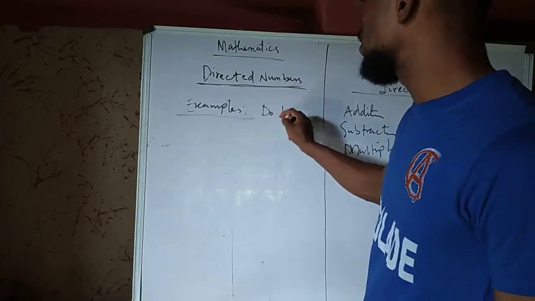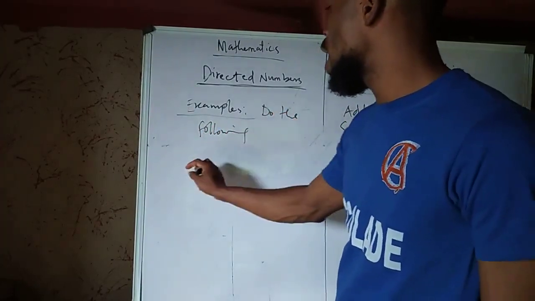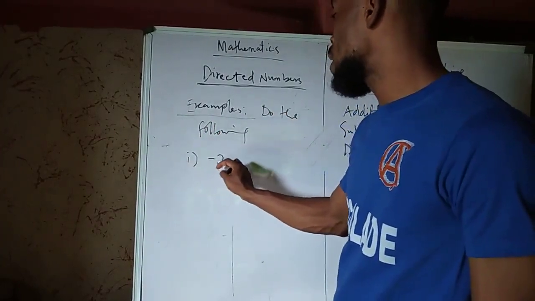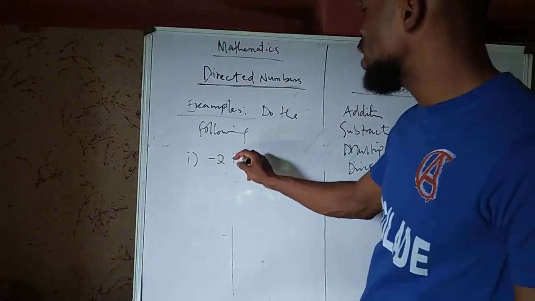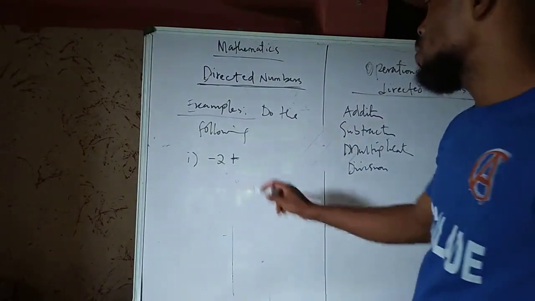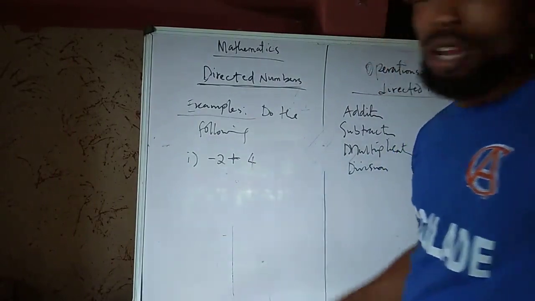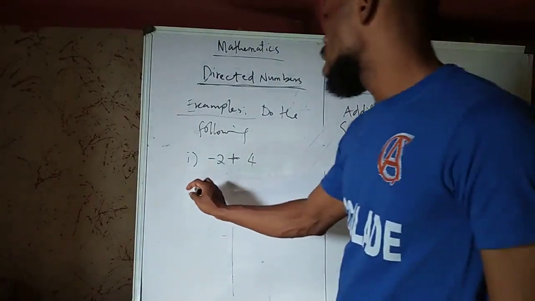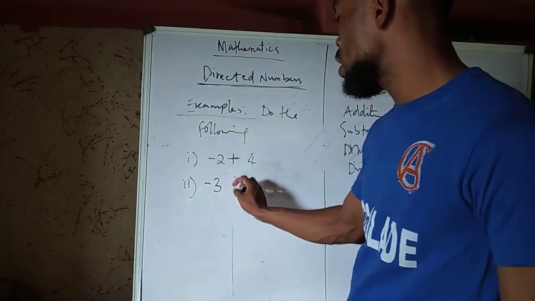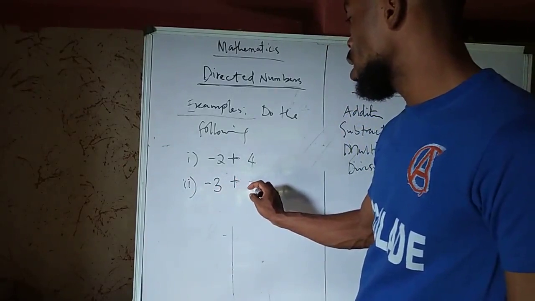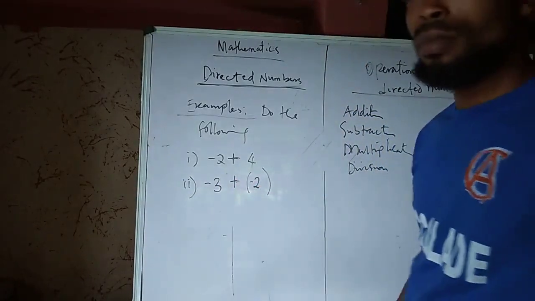Just do the following. Let's say here we have -2 plus 4. So we are dealing with additions now. And we also have -3 plus -2.